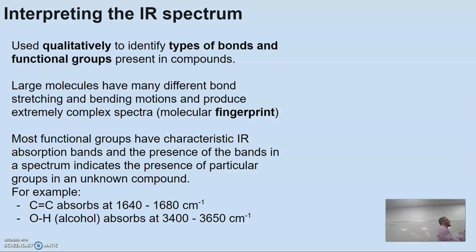We use IR for the identification of functional groups. So what we're going to do is look at the characteristic IR spectra of each of the different functional groups that we look at in this course.